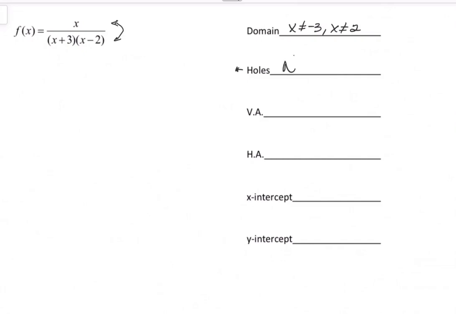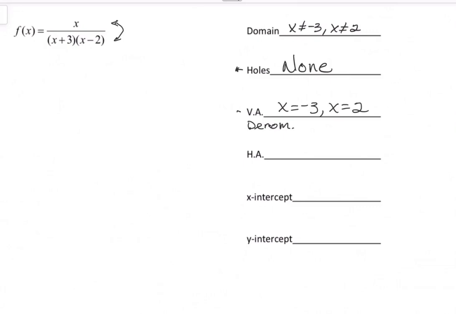So that means there are no holes in the graph at all. And for the vertical asymptote, those are going to come just from the denominator. So if I set those factors in the denominator equal to 0, I'm going to get a vertical asymptote at -3 and a vertical asymptote at 2.